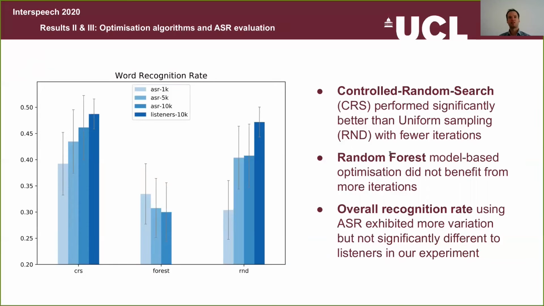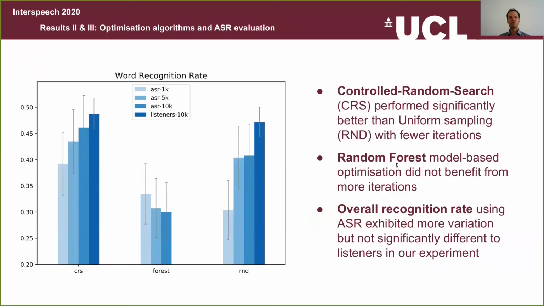The next result is a comparison of word recognition rates over the number of exploration iterations, algorithms, and evaluators. The first group of results is associated with a controlled random search algorithm. The second with the model-based exploration using a random forest to model the objective function distribution. And the last group, simple uniform sampling.